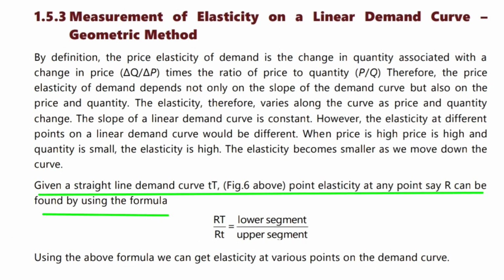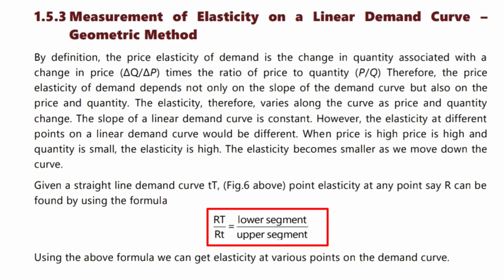Now, given a straight line demand curve in figure 6 above, the curve is small t, capital T, T to T. The price elasticity at any point R can be found by the formula capital R capital T divided by capital R and small t.